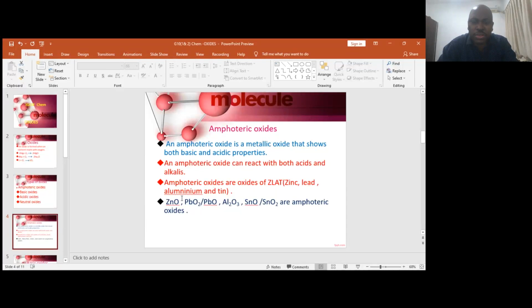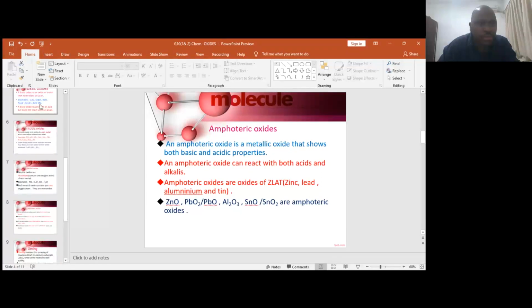All the oxides mentioned here are amphoteric. Amphoteric oxides are metallic oxides. So we use SLAT to remember amphoteric oxides. Don't forget. So that's first.